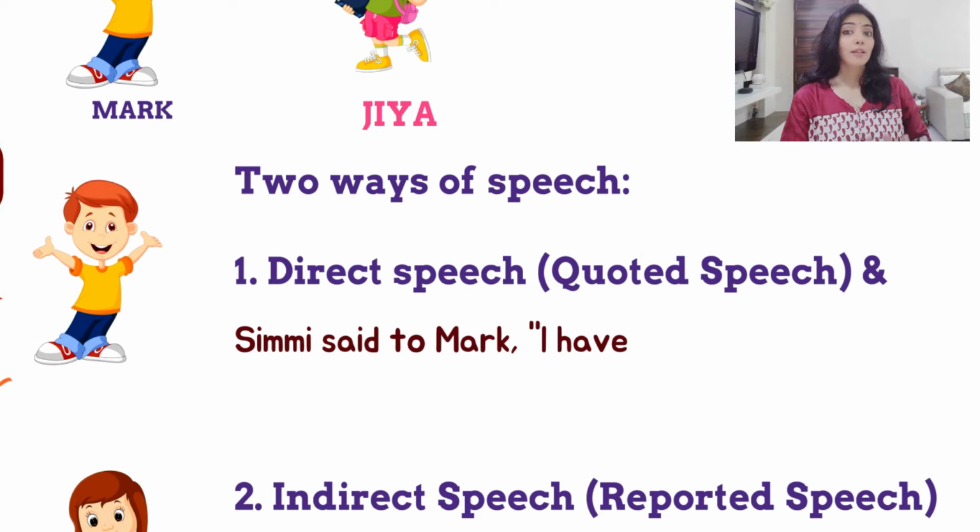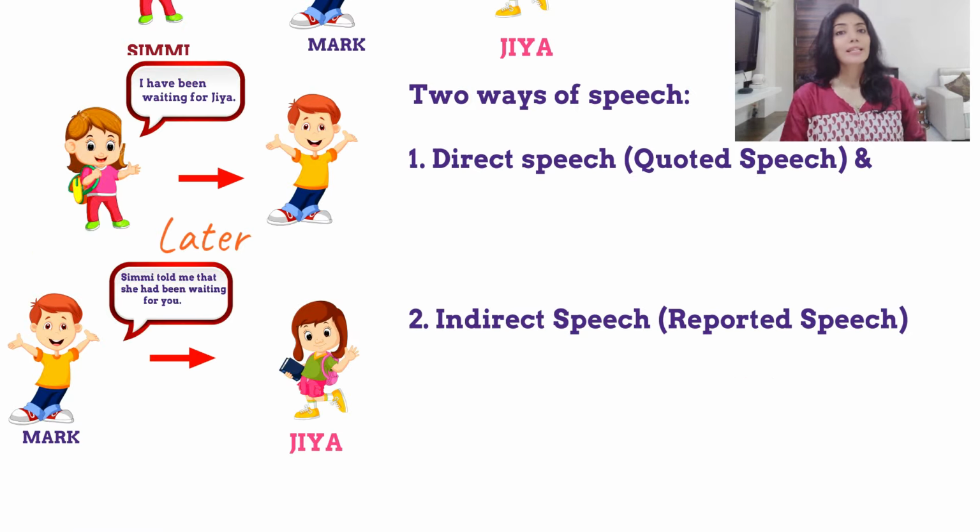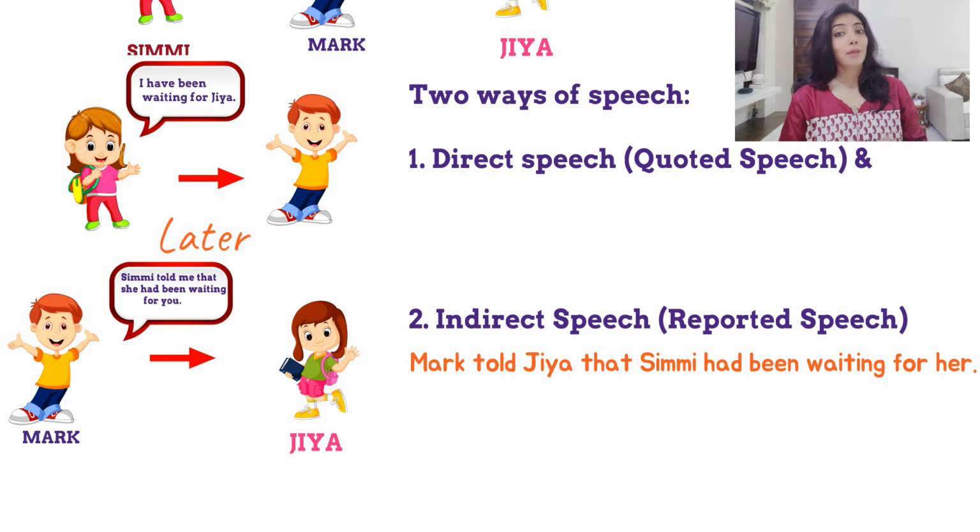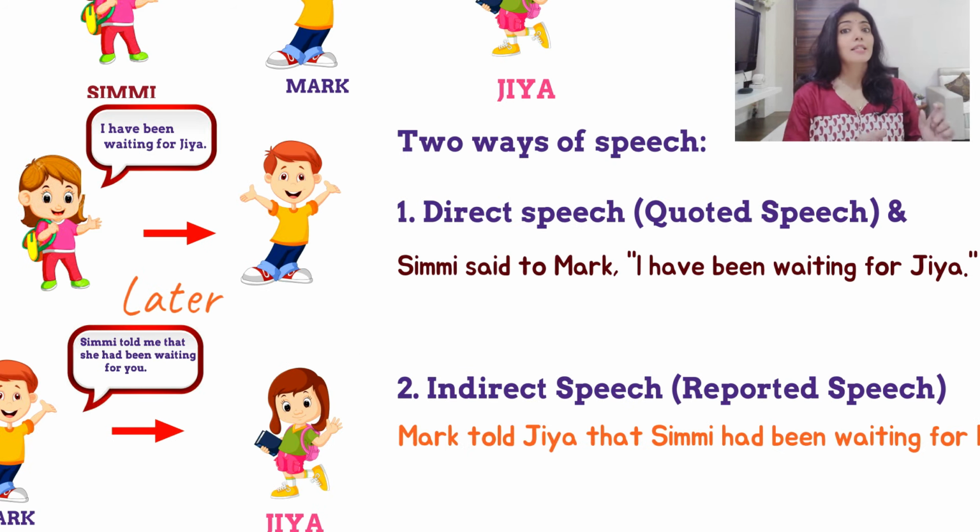And what Mark narrates or reports to Gia is the indirect speech, also known as reported speech, because the speaker is reporting someone else's words. He is not the direct speaker. So this is the indirect speech.